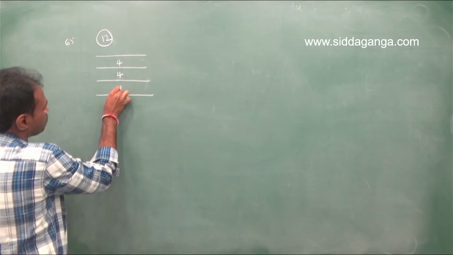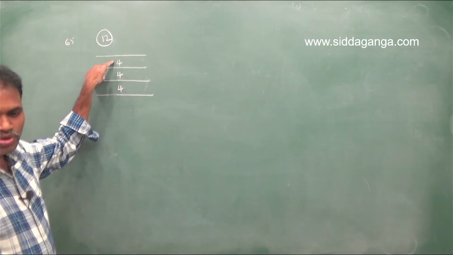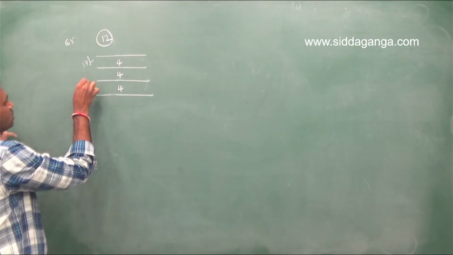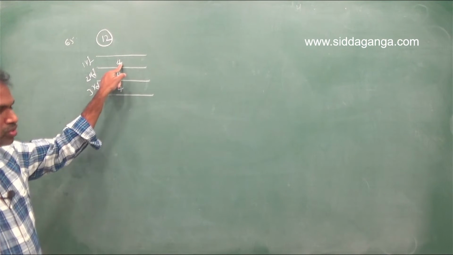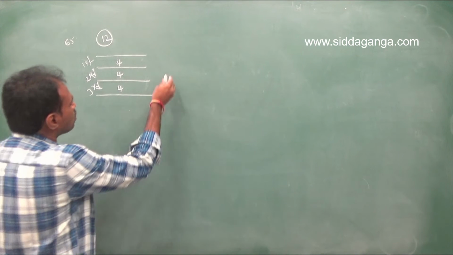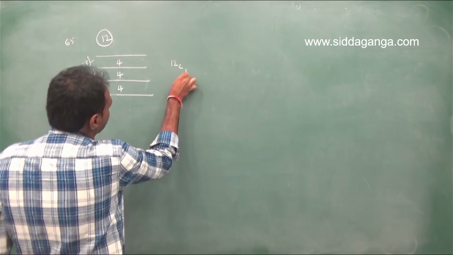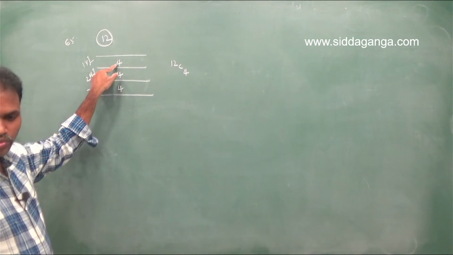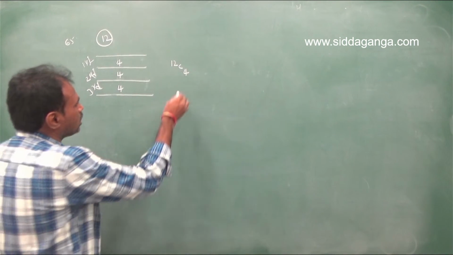First shelf 4 books, second shelf 4 books and third shelf 4 books. Now the first shelf you can fix in 12C4 ways, as the total available books are 12 and we have to fix 4 books in the first shelf.